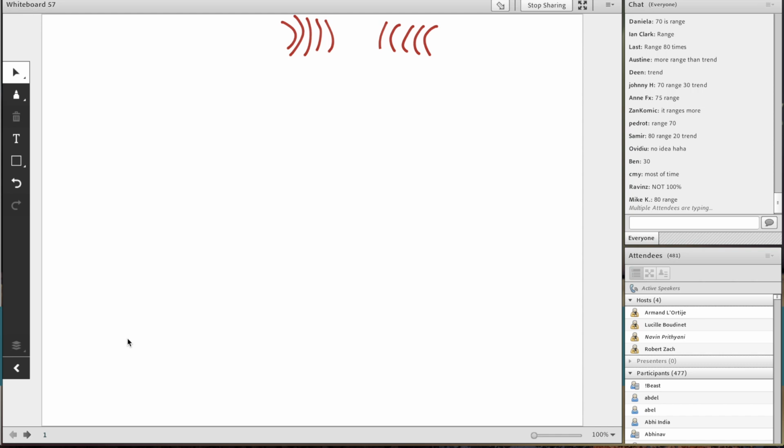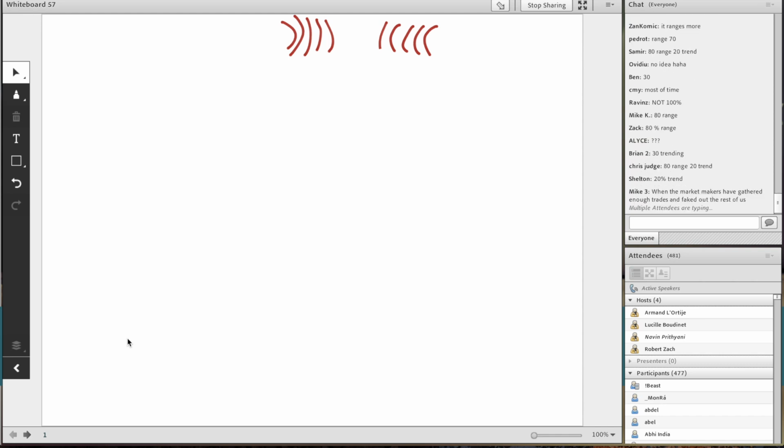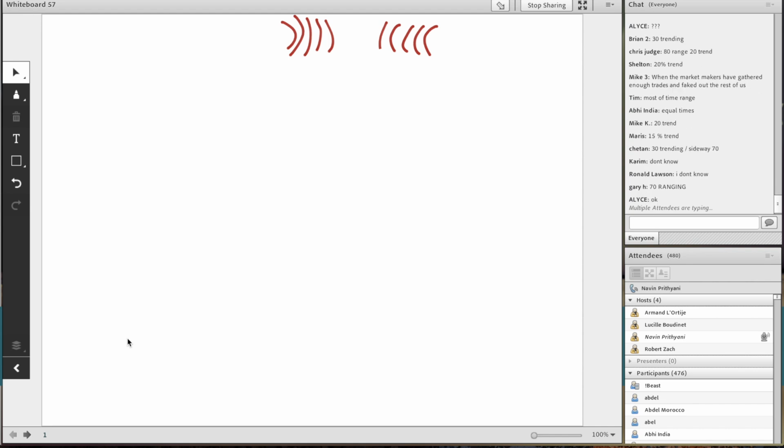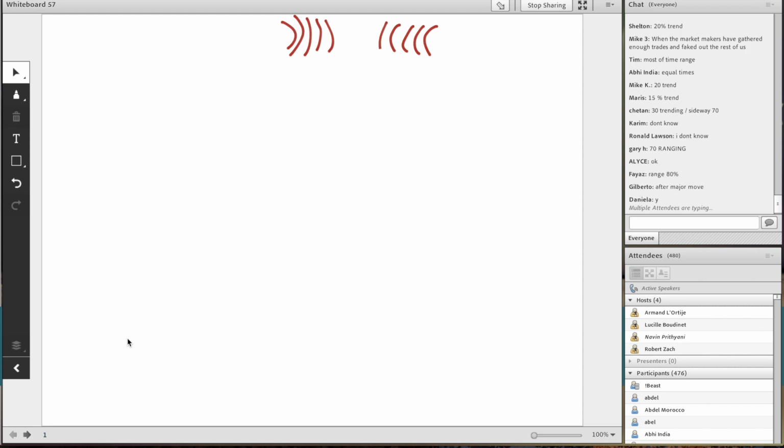Okay, so we all agree it's not equal. Majority of the time, it ranges. Less than majority of the time, it trends, correct? We don't need to know the exact numbers, but as long as we know that idea.